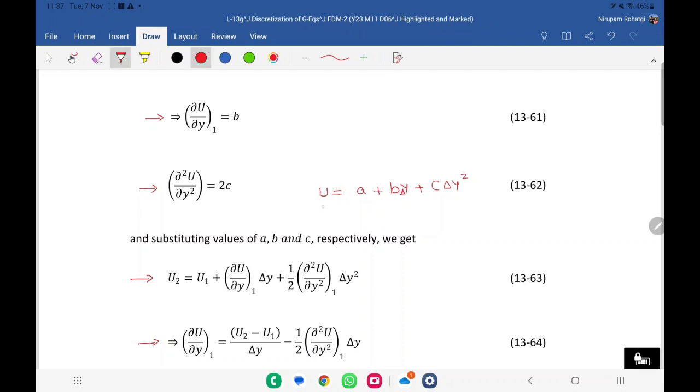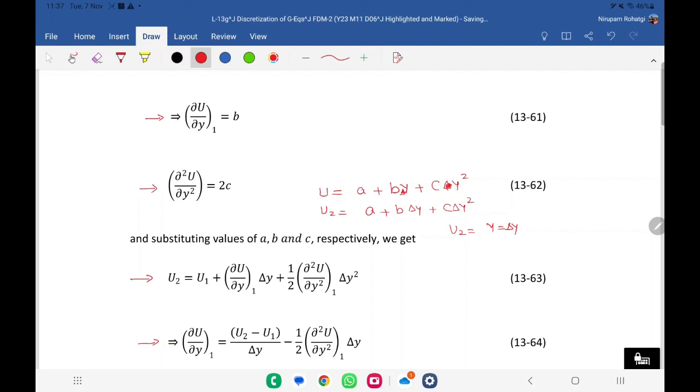So u2 will be equal to what? A plus b delta y plus c delta y square. Correct? It is actually a y square, and this is the equation because u2 is at y equal to delta y.